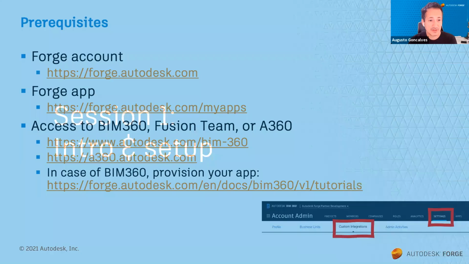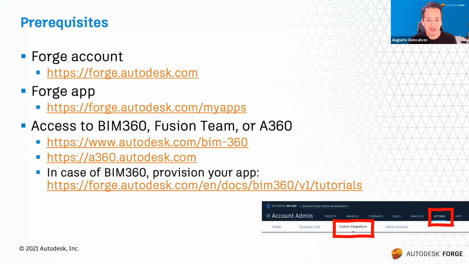So this is really about getting your environment ready to work with the APIs. The first thing you have to do is to create a Forge account, or your Autodesk account with Forge entitlement. Then we need to create a Forge application. Later we need access to one BIM 360, Fusion or A360 account. When you go to a360.autodesk.com, that's the easiest way because you can start a trial right away and that will work for today's training.